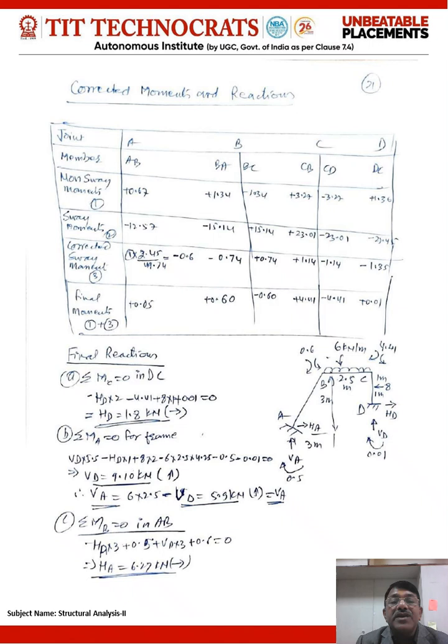In the observation table, the first row is for the value of non-sway moments in the members at the joints. The next row is the value of sway moments in the members at the joints.